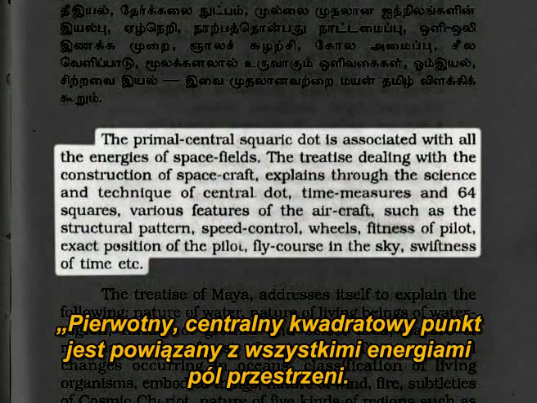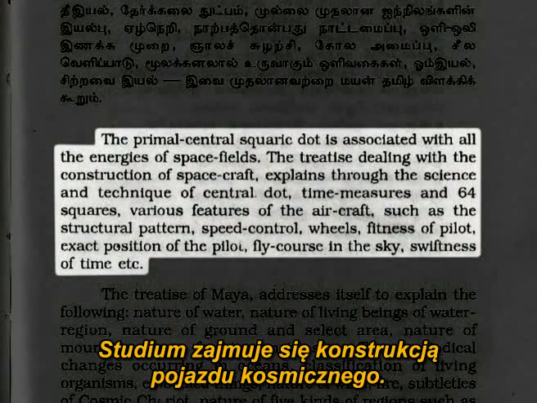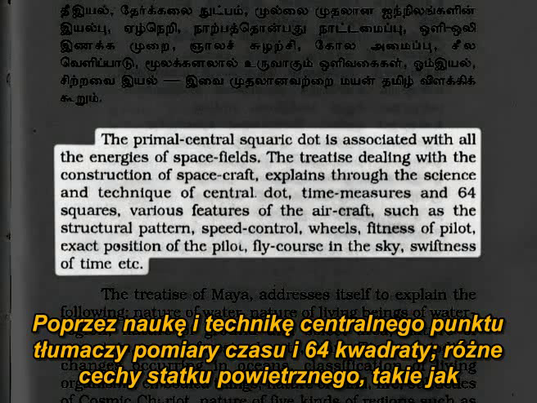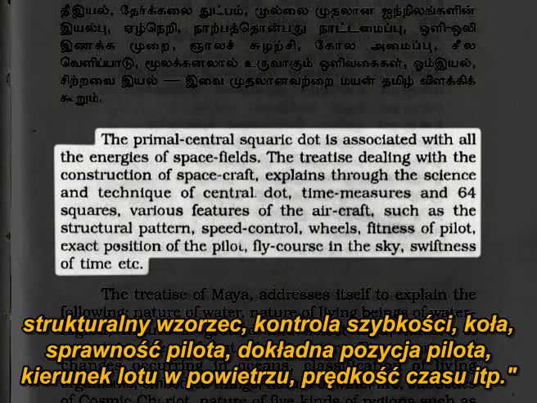It reads, "The primal central squaric dot is associated with all the energies of space fields. The treaties dealing with the construction of spacecraft explain through science and technique of central dot, time measures, and 64 squares, various features of the aircraft such as the structural pattern, speed control, wheels, fitness of pilot, exact position of pilot, fly course in the sky, swiftness of time, etc."